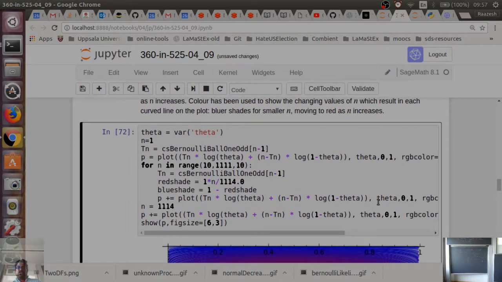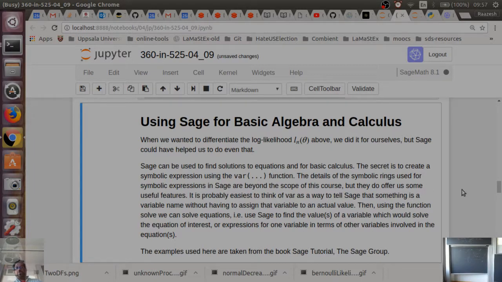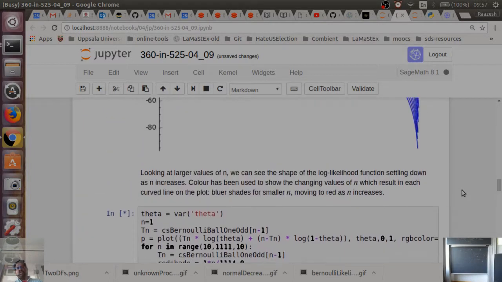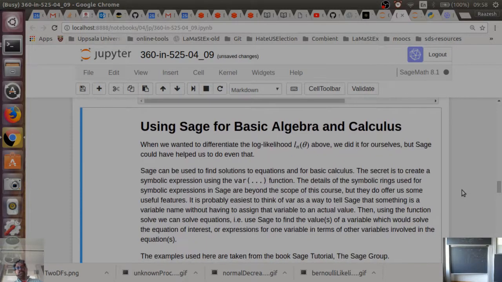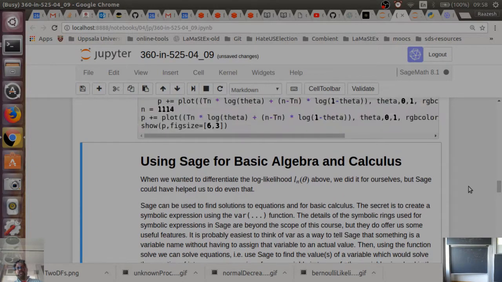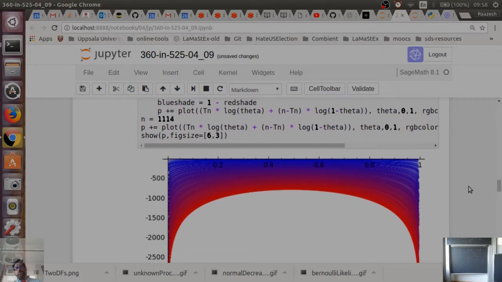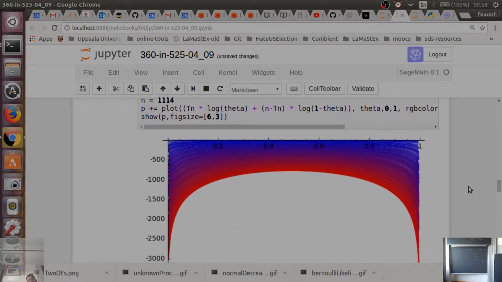So here is another one where we're looking at the log likelihoods again in different views. That one will take a while. Just notice that as your sample size increases, we're going further and further down, because the amount of observations is very high.